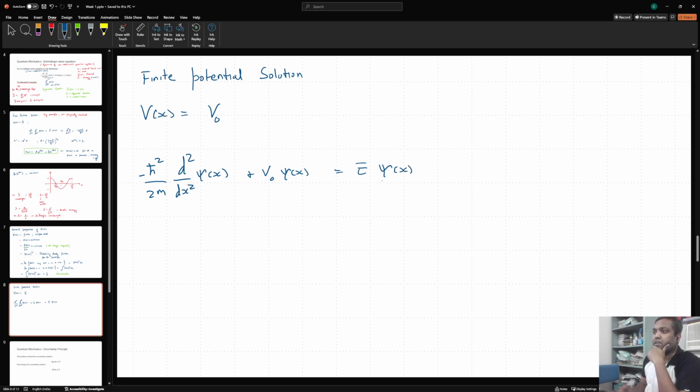So immediately we can see that if we make all the necessary transpositions and multiply by appropriate constants, what we will be left with is the second derivative of psi of x.